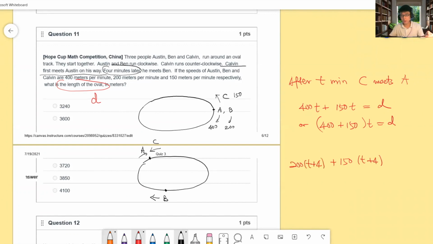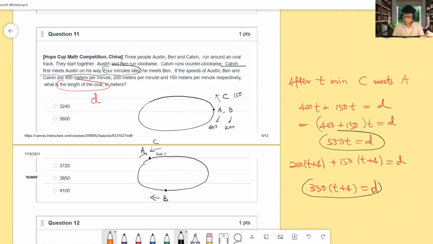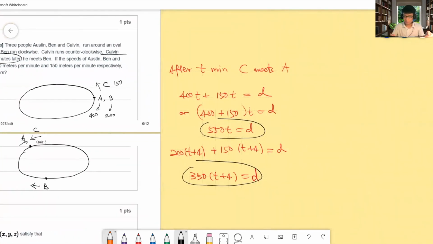This is another way to express total distance D. So equivalent to this is 350 times t plus 4 equals D. Now compare with the previous one, which is 550 t equals D. We can solve both t and D. First, we notice that we can make 550 t equal 350 times t plus 4. From here, we know that 200 t equals 1400, so t equals 7.